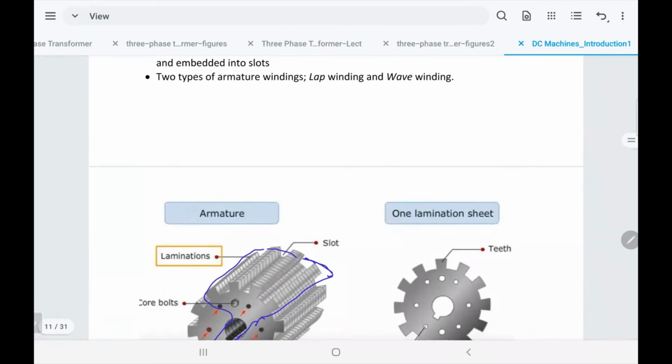Yes, what is Z again? Z is the total number of conductors. And remember, one turn has 2 conductors. If you know the total number of turns, but usually they don't give you the total number of turns.